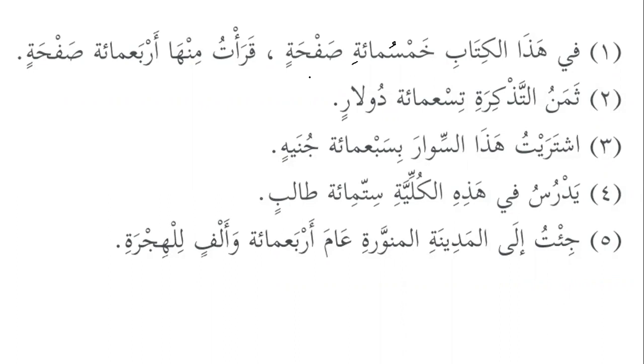Okay. Why 500? Because this is khabar muqaddam and mubtada muakhar. Yes, because we know here fi is jar majroor, and jar majroor can never ever be mubtada, as we have discussed earlier. This is khabar and this is mubtada, and mubtada is always marfu.